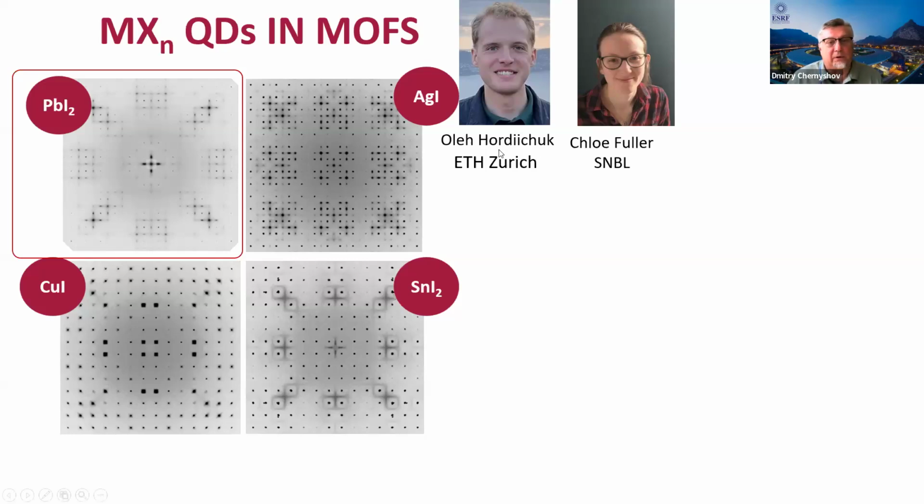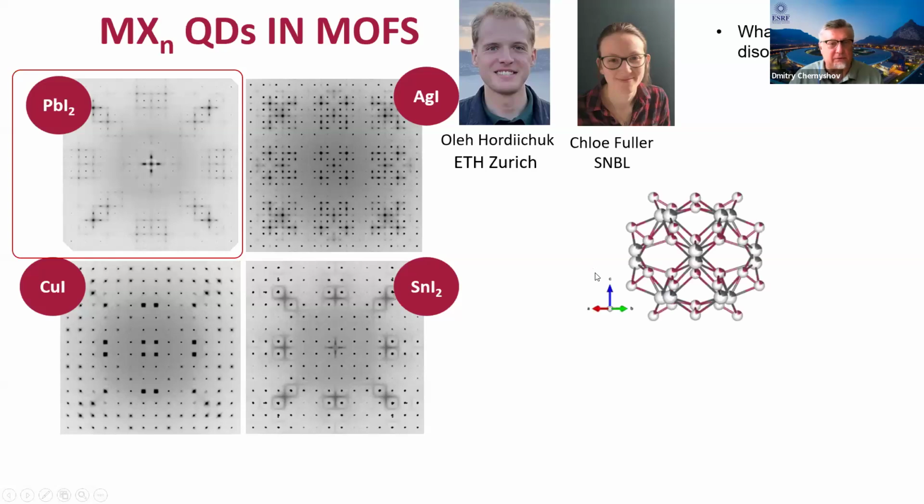Those crystals were grown by Oleg Khodrychuk from ETH Zurich, and he brought them to the beamline because they were not scattering well at the lab. They do not scatter well also at the synchrotron, but then we see why: there is a lot of intensity between Bragg spots, and it comes from the correlated distribution of these metal halide clusters. So the first question is actually what is the origin of disorder?